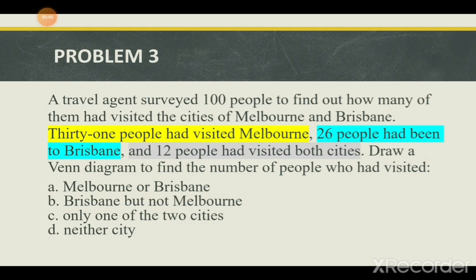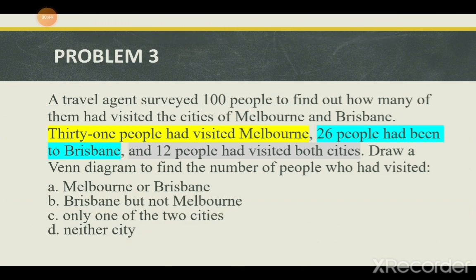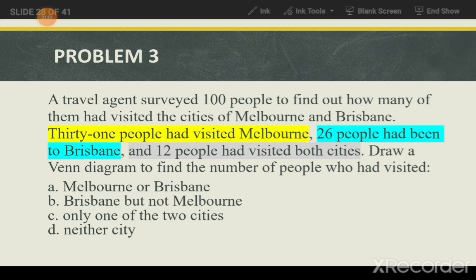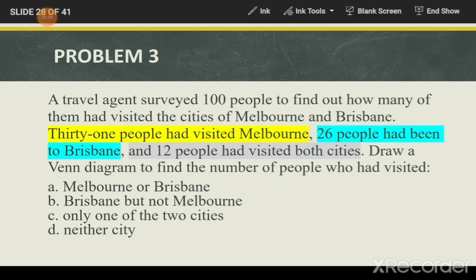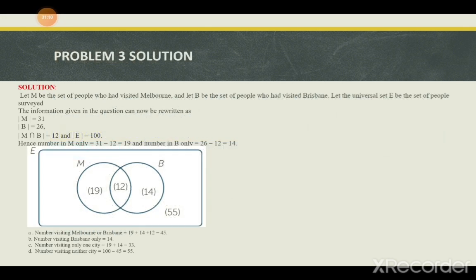So, 31 people had visited Melbourne, 26 people had been to Brisbane, and 12 people had visited both cities. Draw a Venn diagram to find the number of people who had visited: number 1, Melbourne or Brisbane, but not Melbourne, only one of two cities, and neither city. So, paano natin gagawin yan?